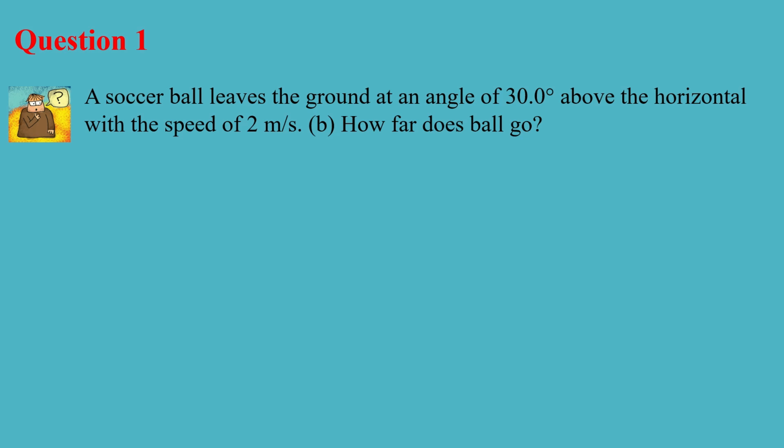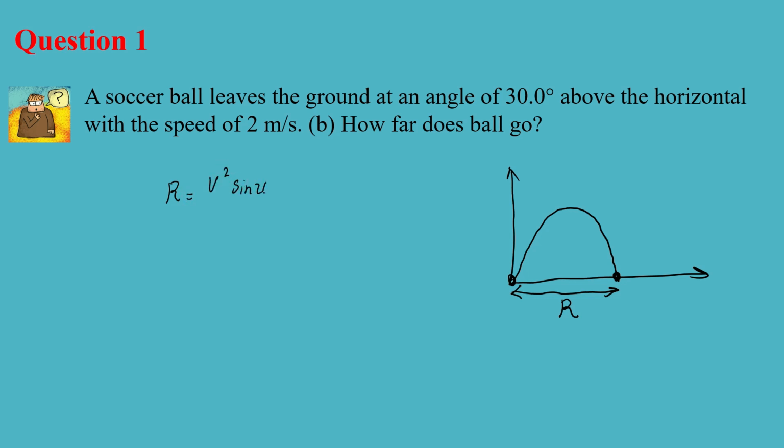Now let's look at the second part. In this part, I need to find how far the ball goes, right? So that means if I go back to the particle, it goes up and comes back to the position, so I need to find the range R. From the previous video, you know that R is equal to v squared sine 2 theta over g.